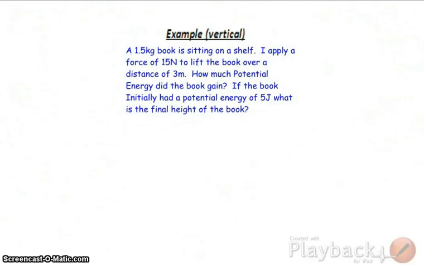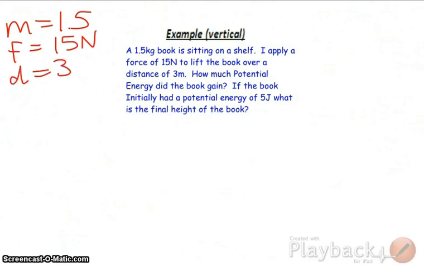Let's look at an example in the vertical. A 1.5 kilogram book, so mass equals 1.5, is sitting on a shelf. I apply a force of 15 newtons to lift the book over a distance of 3 meters. How much potential energy did the book gain?